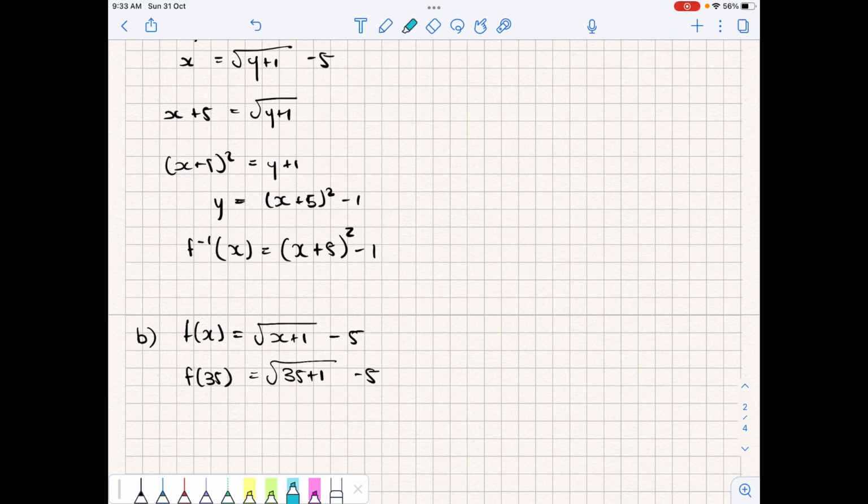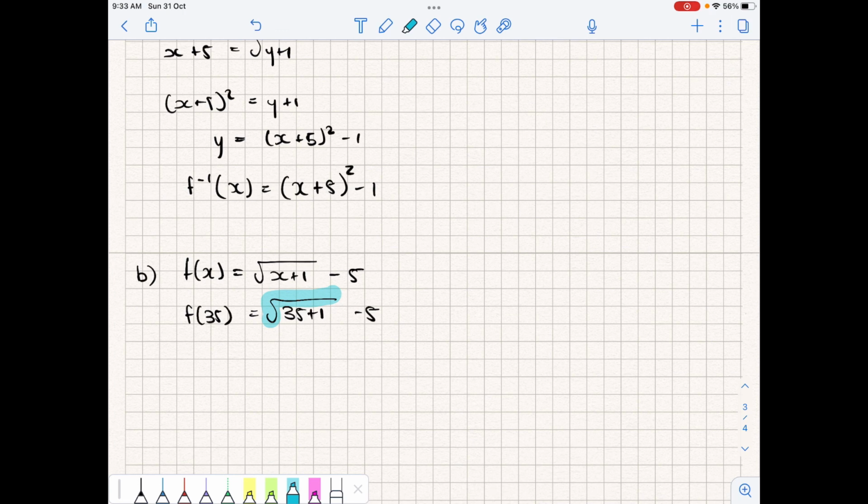Now, by definition, the square root is always positive unless we specify the negative solution. That's going to give me the square root of 36, which is 6, minus 5, which is equal to 1. So what we're saying is, we want to know when the inverse function f to the minus 1 of x is equal to 1.